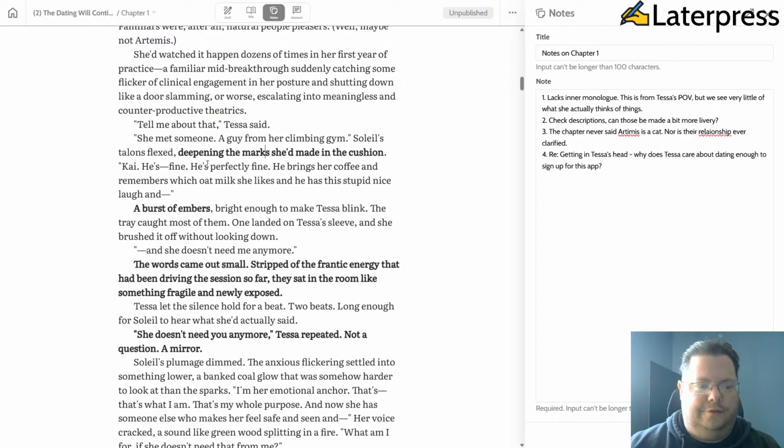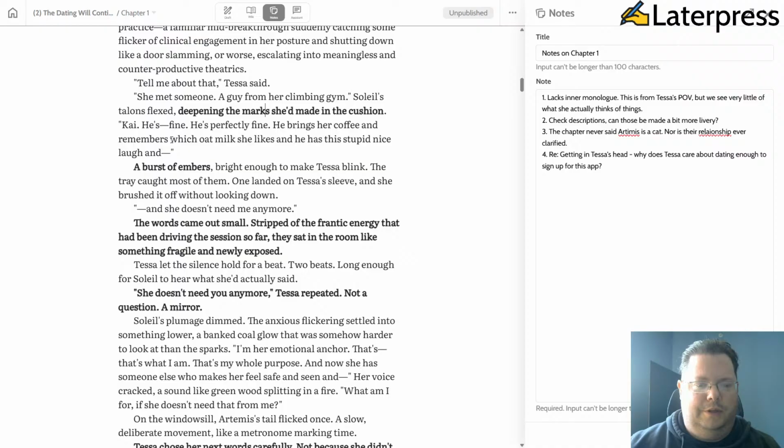"Kai, he's fine. He's perfectly fine. He brings her coffee and remembers which oat milk she likes, and he has this stupid nice laugh," and a burst of embers bright enough to make Tessa blink. The tray caught most of them. One landed on Tessa's sleeve, and she brushed it off without looking down.